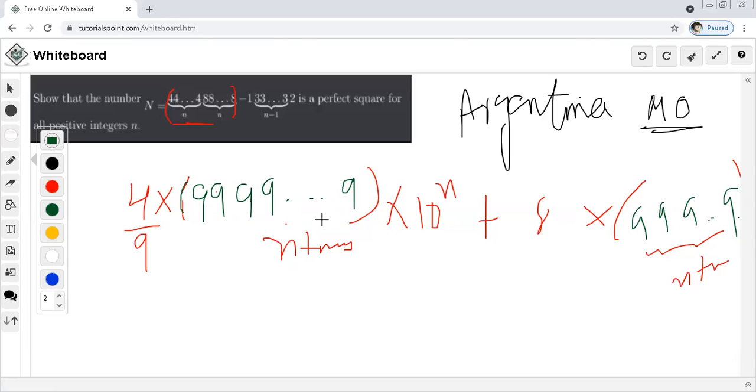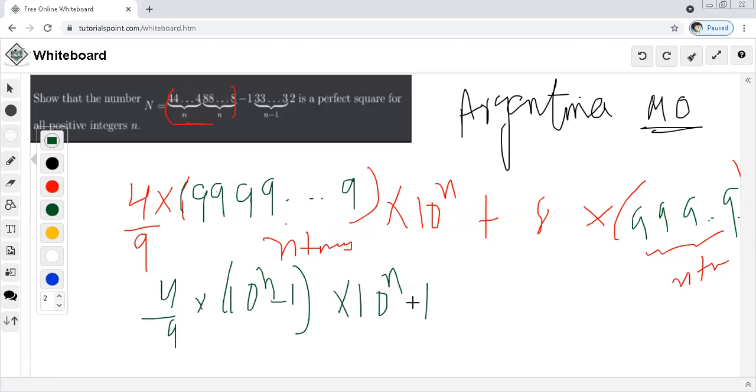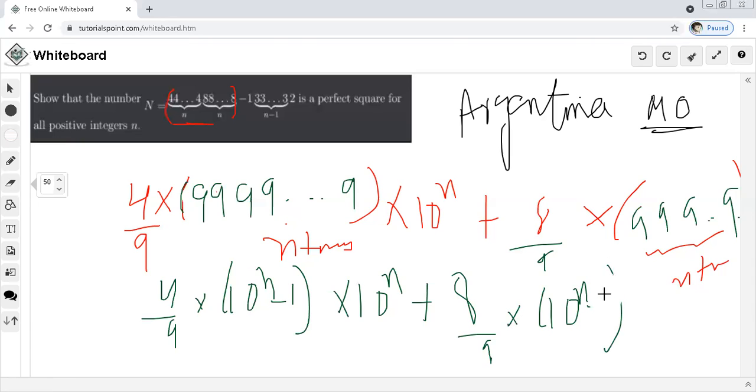Now this is actually n nines, and n nines are equal to 10 to the power n minus 1. So this becomes 4 by 9 times (10 to the power n minus 1) times 10 to the power n, plus 8 by 9 times (10 to the power n minus 1). So this is the first expression.